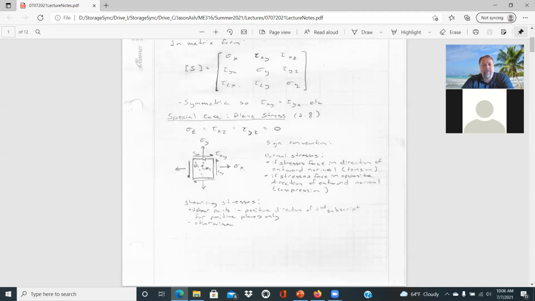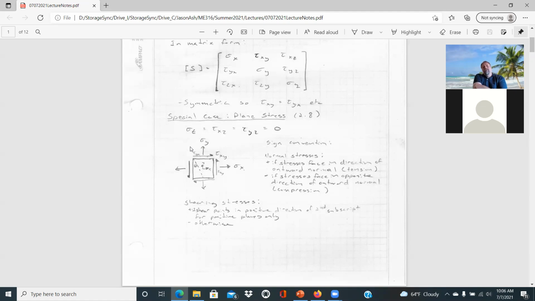So you always look at the positive sides. Tau YX here, on the positive side, is facing in the positive X direction. So those both indicate a positive shear stress.